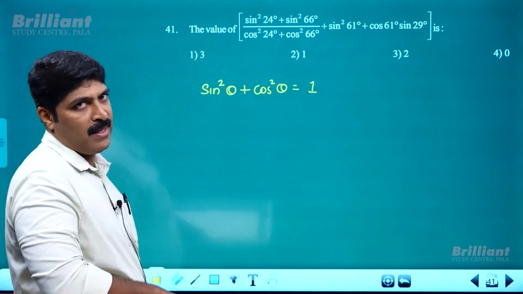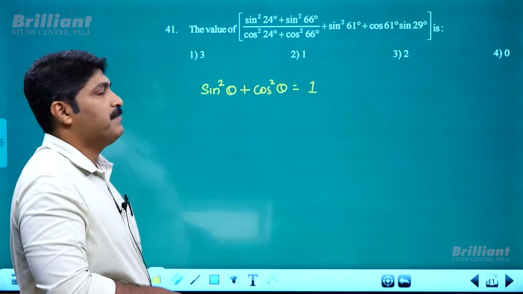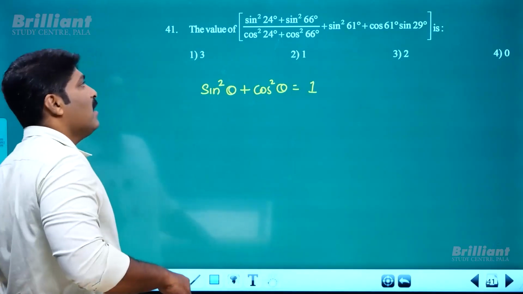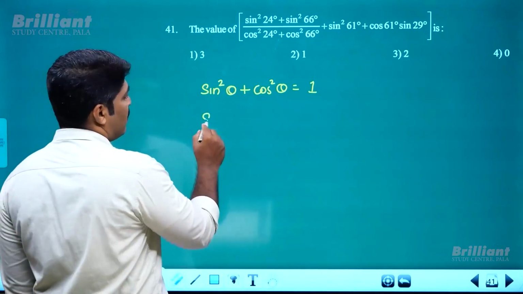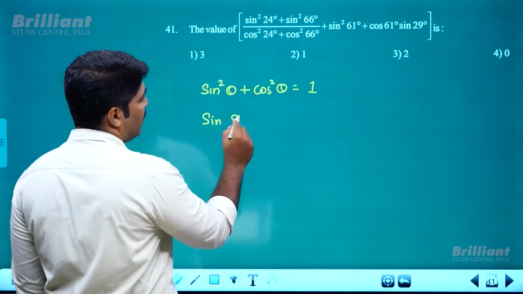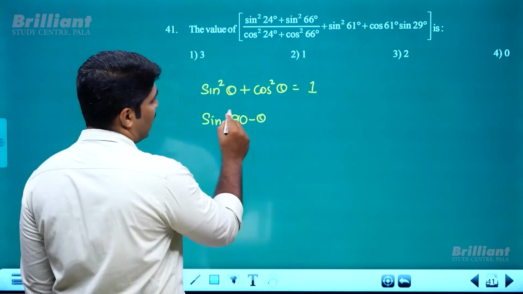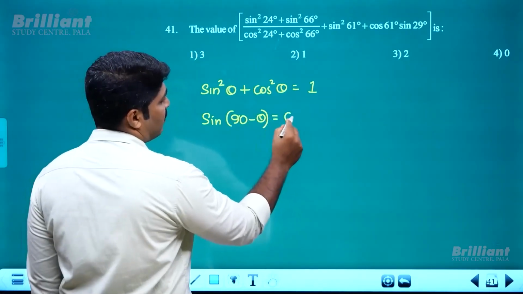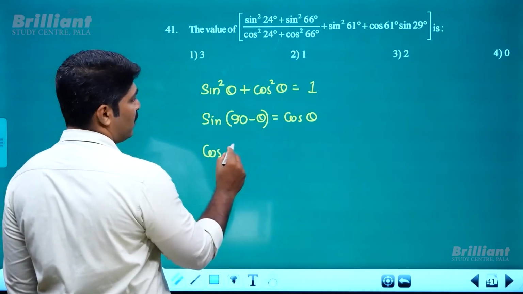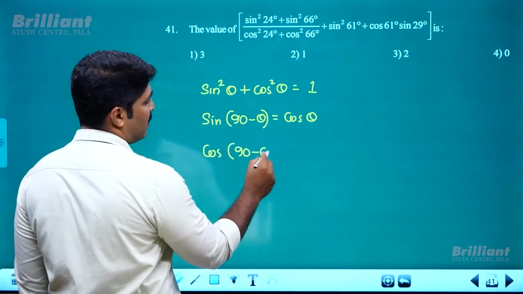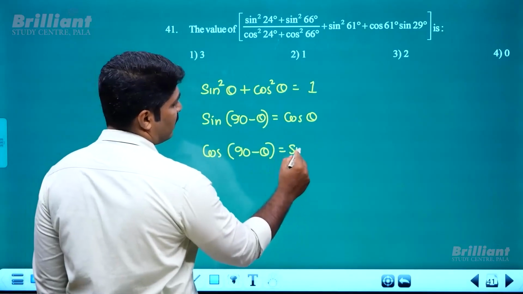That is 1. That's the trick behind this question. And another conversion concept I will also give. What is sine of 90 minus theta? That's the concept of allied angles. That is cos theta. Similarly, what is cos of 90 minus theta? That is sine theta.